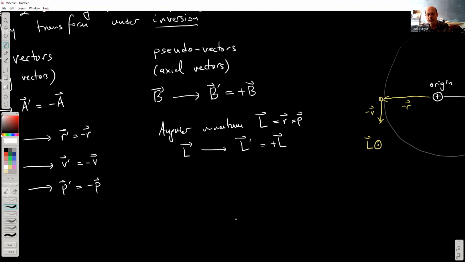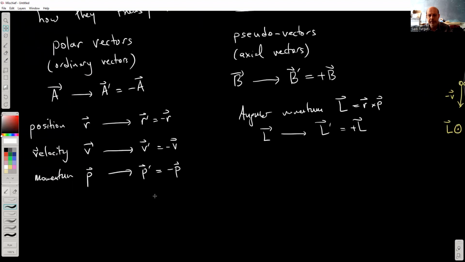The magnetic field, for example. The electric field is basically a polar vector, but the magnetic field is a pseudovector. And so as a result, in certain physical problems, the relationships that we obtain between these vectors have to be consistent with their nature because of the inversion symmetry of the electromagnetic and gravitational interaction.